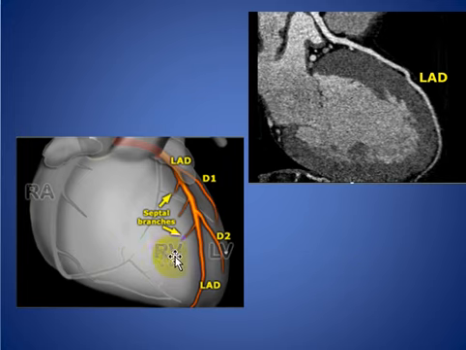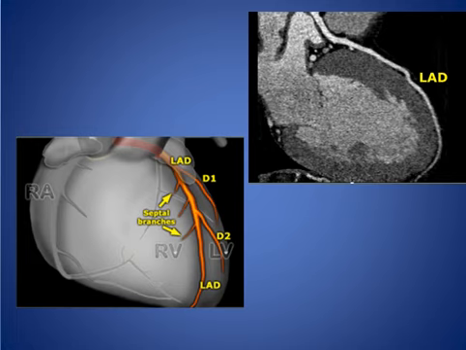These are the septal branches that arise medially, and the anterior wall of the left ventricle is supplied by the diagonal branches D1 and D2, and these are on the lateral aspect.